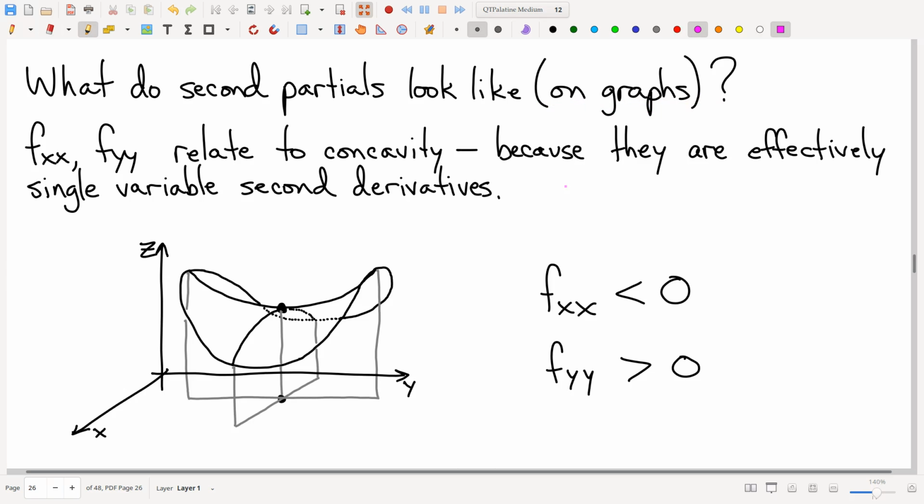Let's think about taking f_xx. What would that look like? Well, the first thing we're going to do is hold y constant, as is the rule. When you're taking x partials, y is constant. And by the way, I'm taking the x partial of the x partial, which means y is going to be constant for the whole calculation.